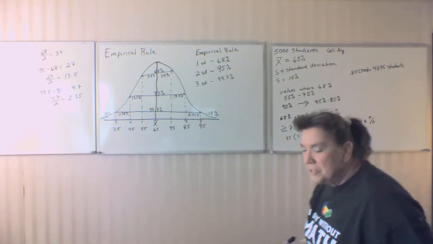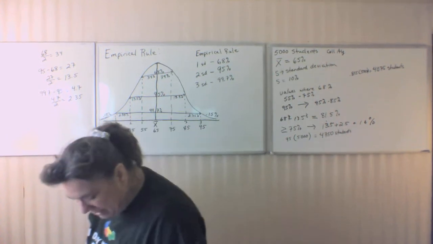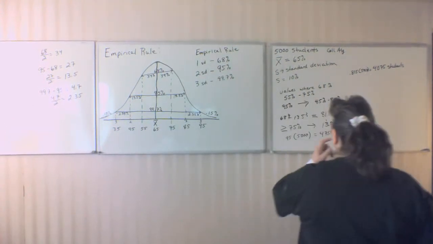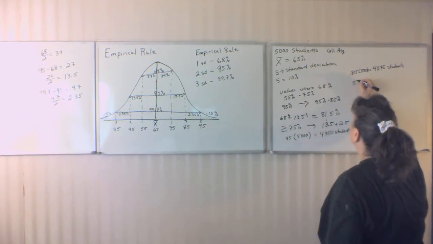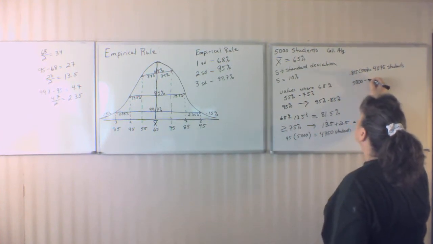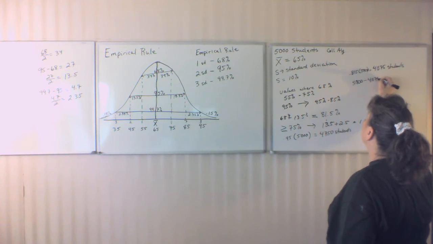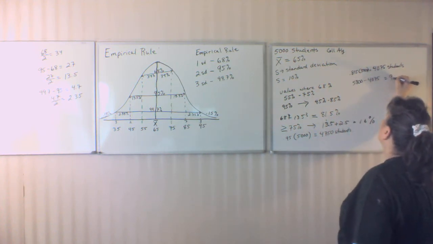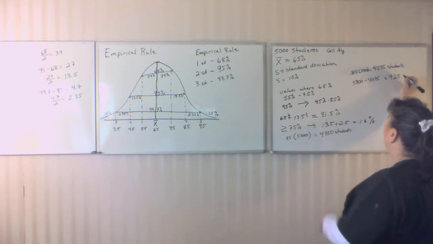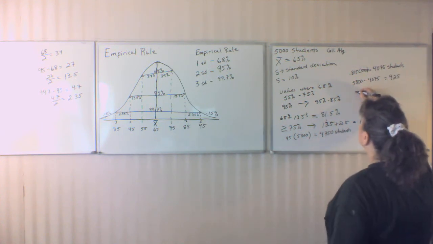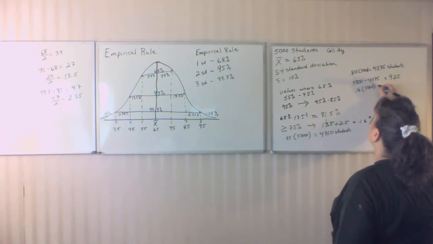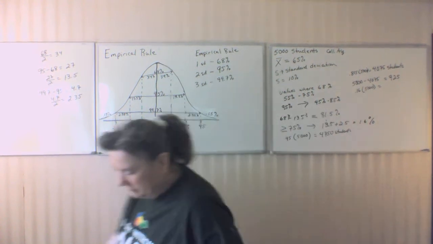And the last question is, how many did better than 75? Well, we can take 5,000 minus 4,075, and we're going to end up with 925, or you can take your 16%, 0.16, times 5,000, and that should give me the same answer.